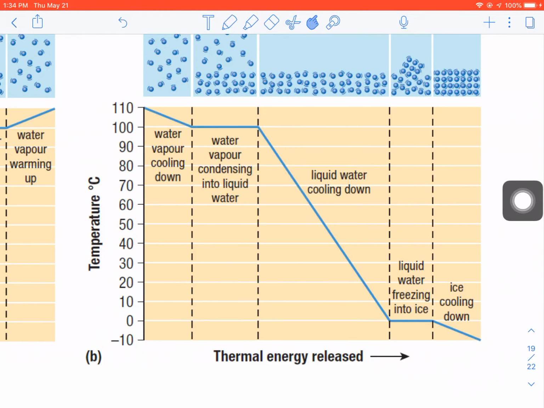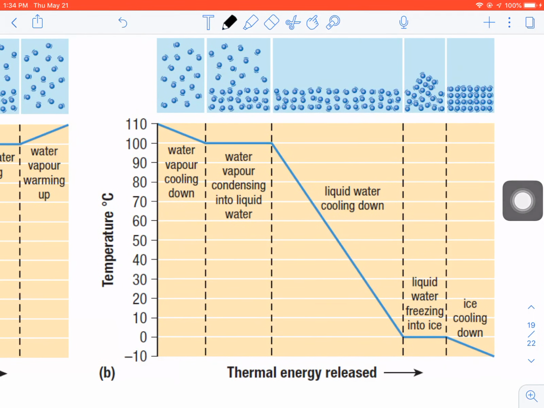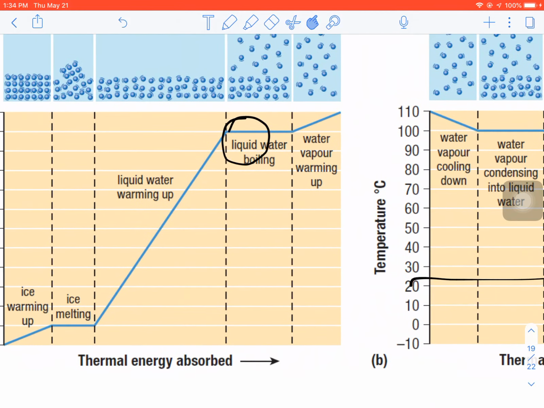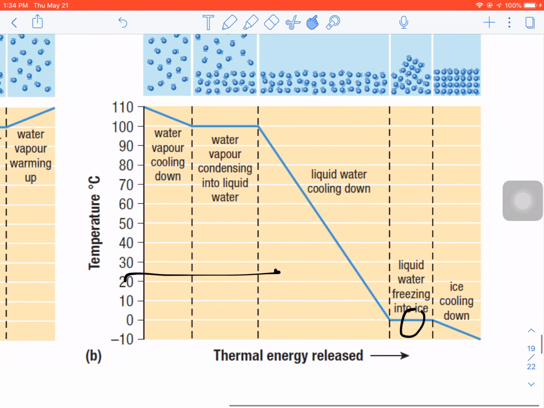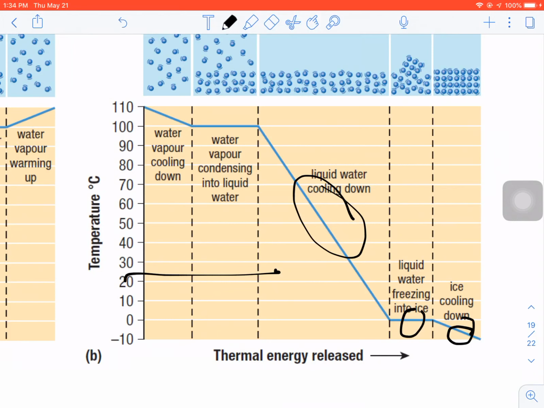Turns out that the L value here is the same as the L value here, except one is positive when I'm adding, Q equals ML, and the other one will be a negative L value, because just like the Q value is negative in here and negative in here because MC delta T is negative, Q equals ML will be negative in here and negative in here.